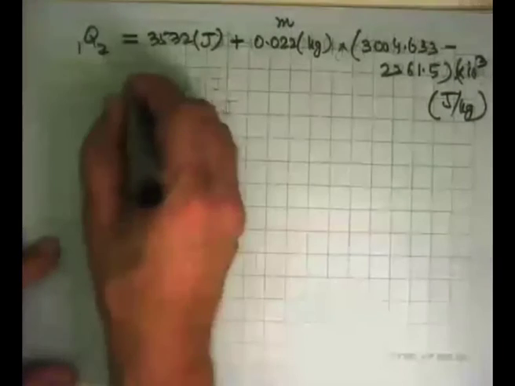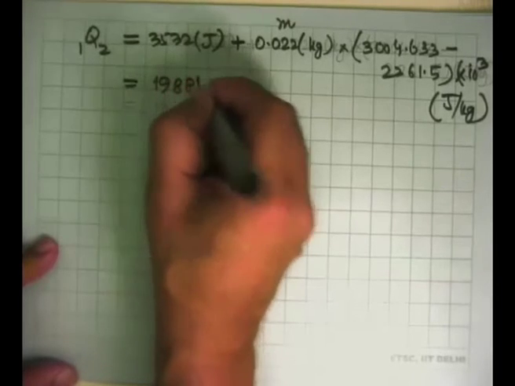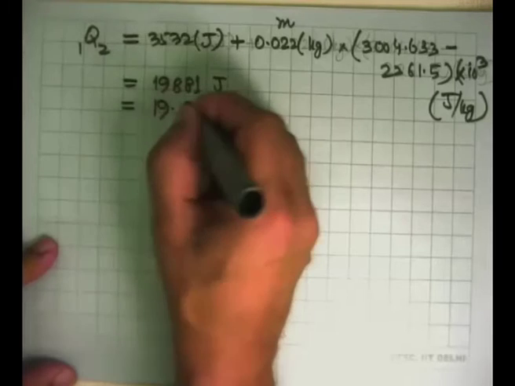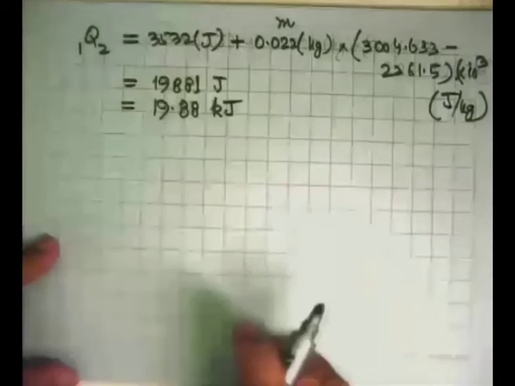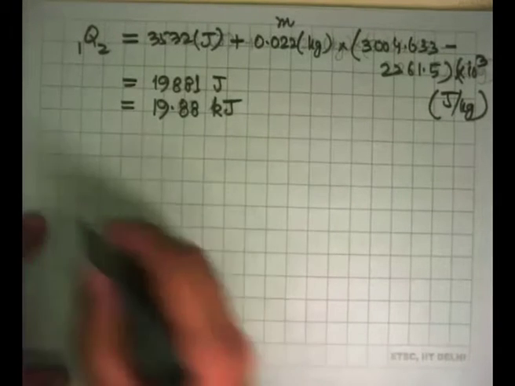And when you do the calculation, this will tell us this is 19881 joules, or this is 19.88 kilojoules. So we have our answers now.